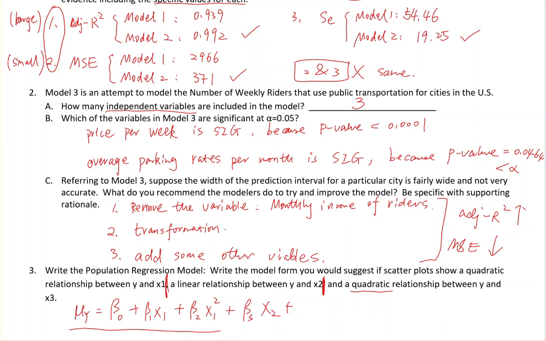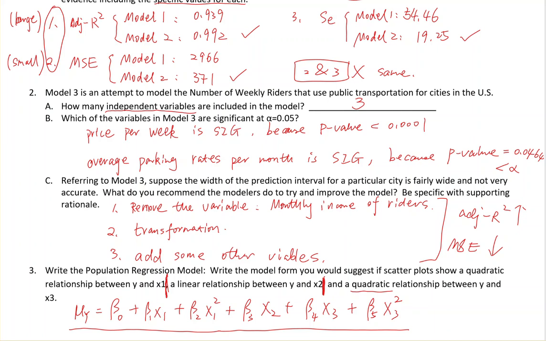So that means we'll have beta 3. So the next one will be beta 4, but with the x3 variable. And the next one will be beta 5 with the x3 squared term. All right, so this is the overall population regression model, right?